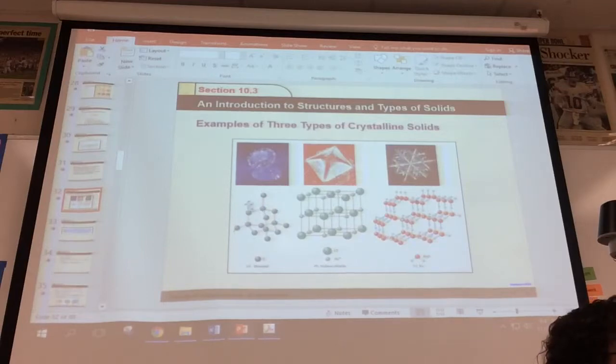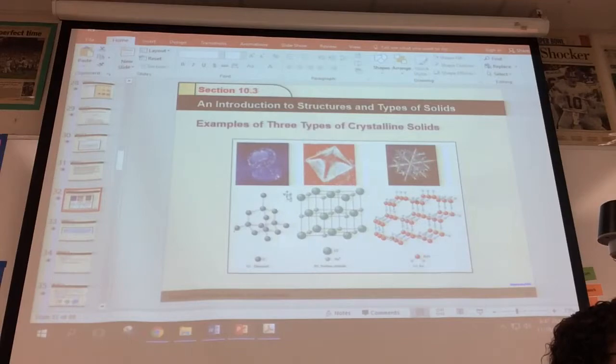These are examples. Diamond is a network covalent solid where you have atoms at the lattice positions. In the case of diamond, you have carbon. And diamond and graphite are both made up of carbons that are covalently linked together, but the way they're linked together differs, giving rise to very different properties for diamond and graphite.